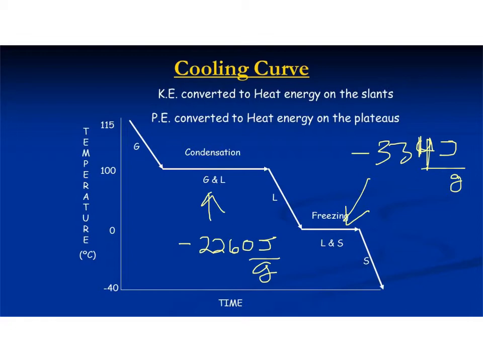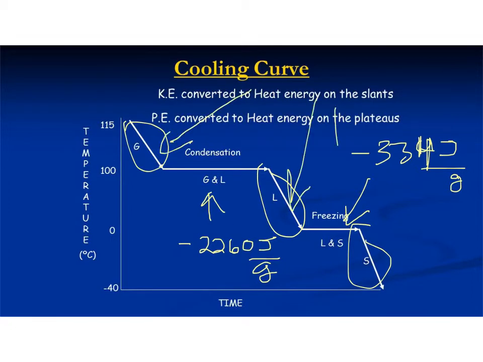The same principle is happening on the slants. Let's look at the slants real quick. The kinetic energy is being converted to heat energy here. All the molecules that are moving around and flying all over the place in the gas, all that energy is lost, and it's converted to heat energy. Then the same thing is happening on the plateaus.